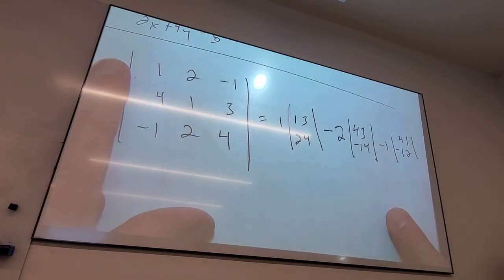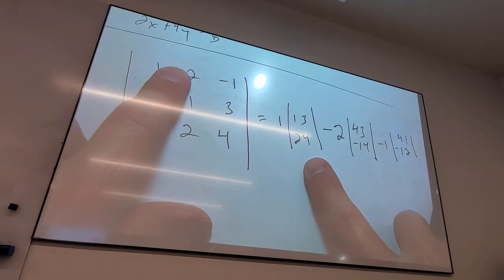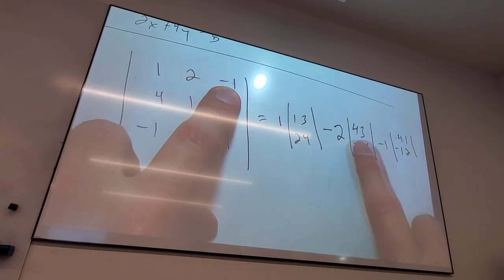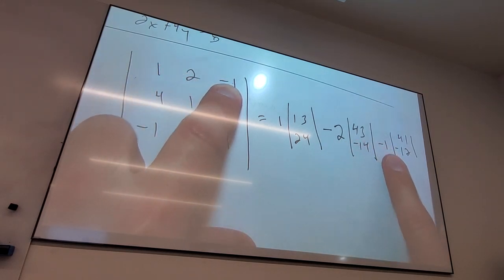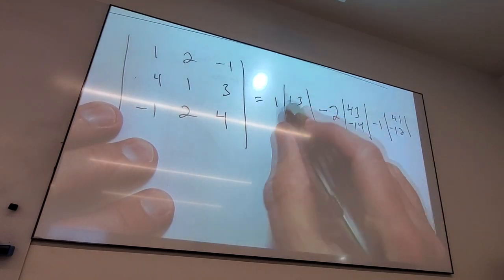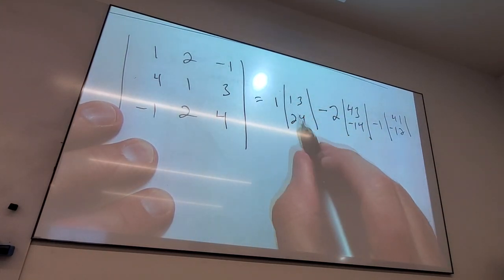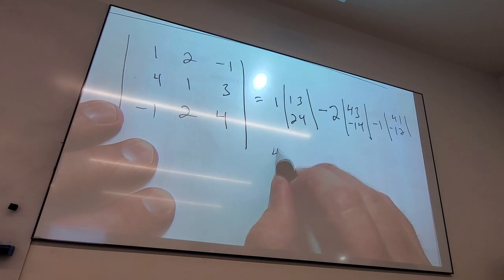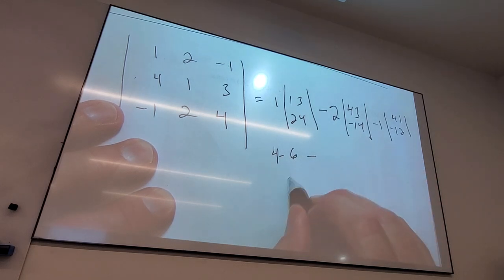No, because it would be this, minus this, plus this. And it's already a negative. Okay. What's this guy's determinant? 4 minus 6. So that's negative 2, that's crazy.